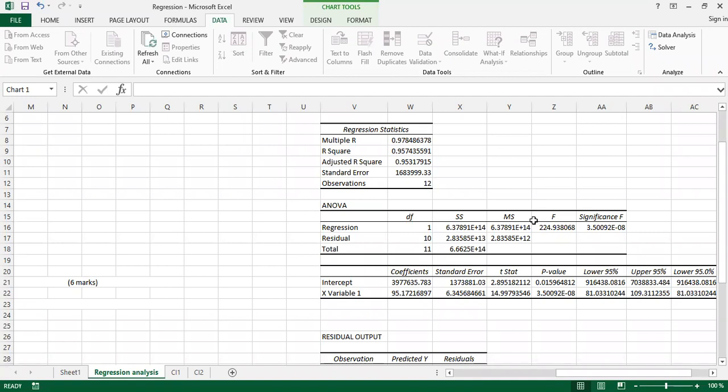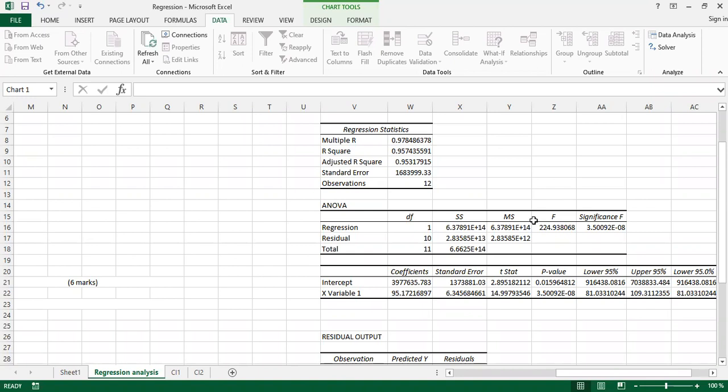Actually, I know if you have not done management accounting or QA or statistics, this can be very challenging. So we have the MS, which is the mean of squares. This is the average variation of the data, isn't it?